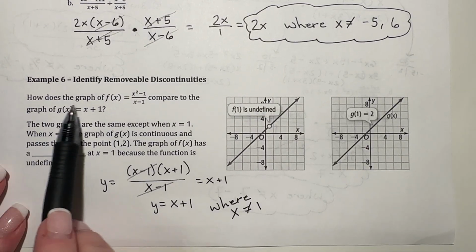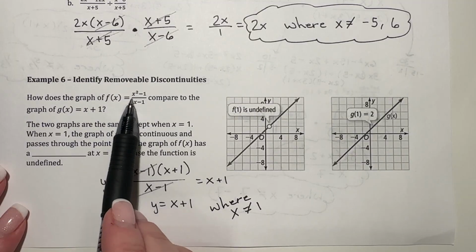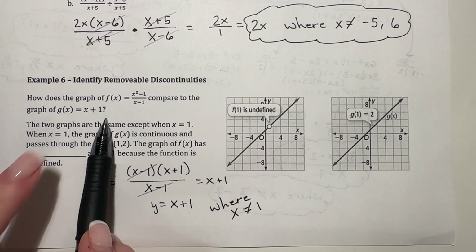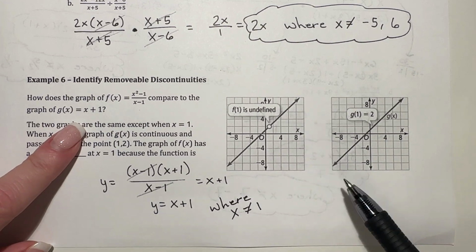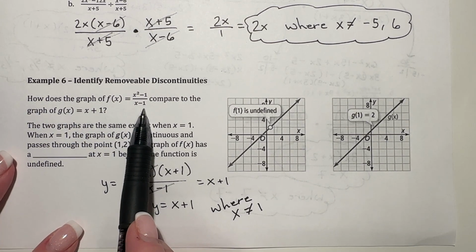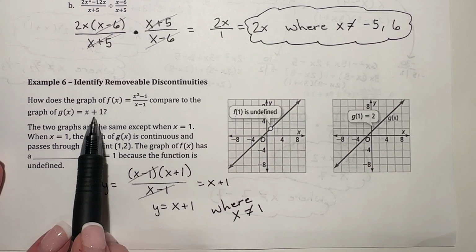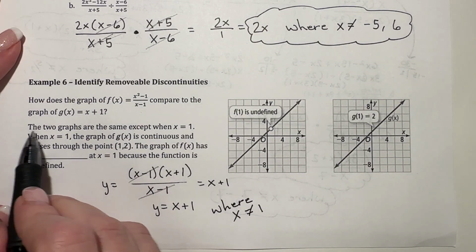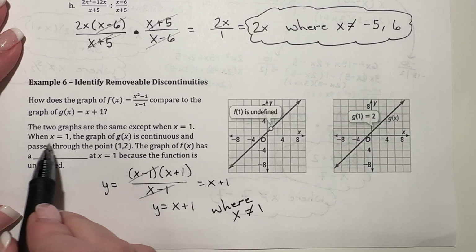It says, how does the graph of f of x equals x squared minus 1 over x minus 1 compare to this graph? Well, the graphs look the same with one exception. This one has a hole because we crossed out a common factor, and this is just a plain old line. So the graphs are the same except where x equals 1.